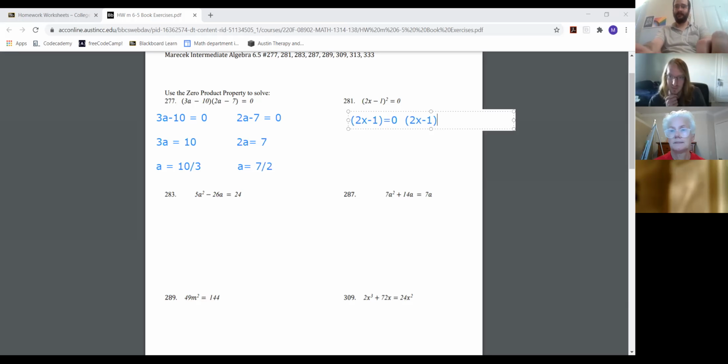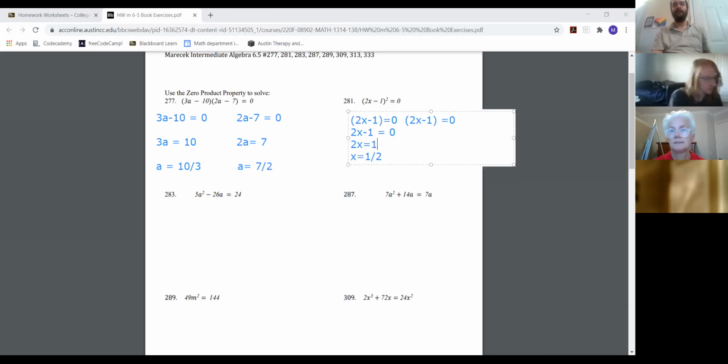So we basically have this thing twice. So 2x minus 1 is equal to 0, or 2x minus 1 is equal to 0. Then 2x is equal to 1. And the last thing should be x is 1/2, with a multiplicity of 2. Yeah, so we have this thing happening twice, basically.